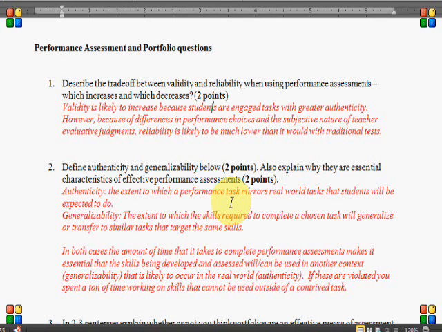However, you sacrifice reliability because, first, usually there are no right or wrong answers. And so I'm using subjective judgments based on criteria that I have defined. Nothing's explicitly right or wrong. And then you also have a greater variation typically in student responses. If you are using performance assessments well, you are giving some latitude into how a task is going to be completed.